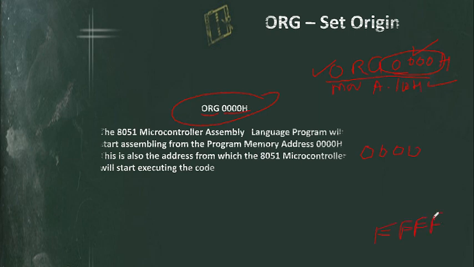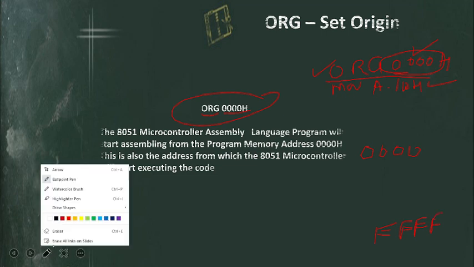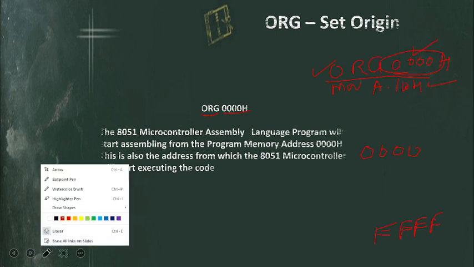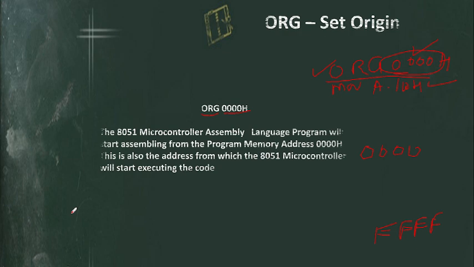This is the maximum address we can give. It is used to direct the processor to start from that particular location. I hope it is clear why ORG is used. Every program should start with this, and ORG stands for origin. It gives an origin address for the system to store the program.